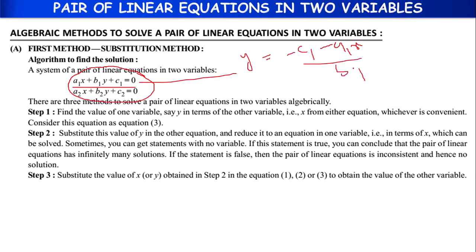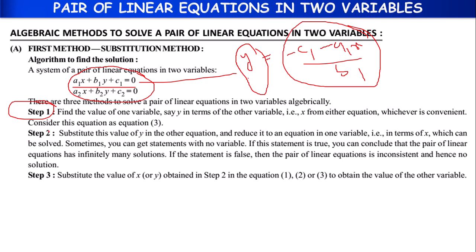So y equals c1 minus a1x by b1. Like that, we will find the value of one variable y in terms of the other variable x by isolating y from one equation. That is step 1 in the substitution method.